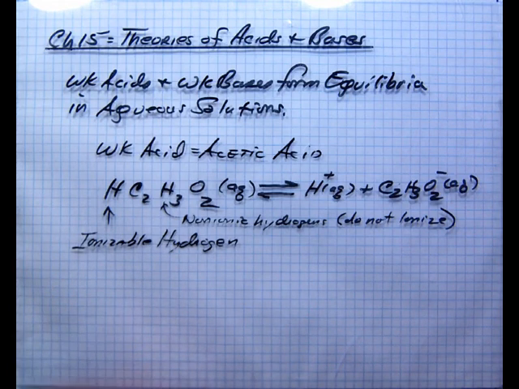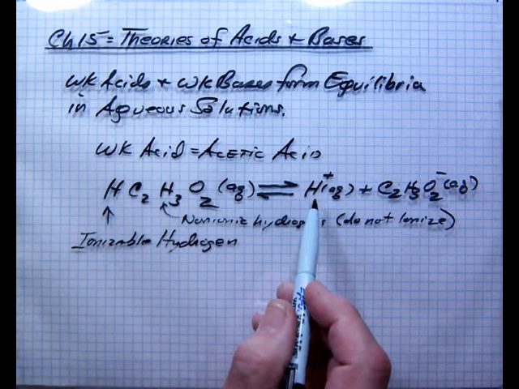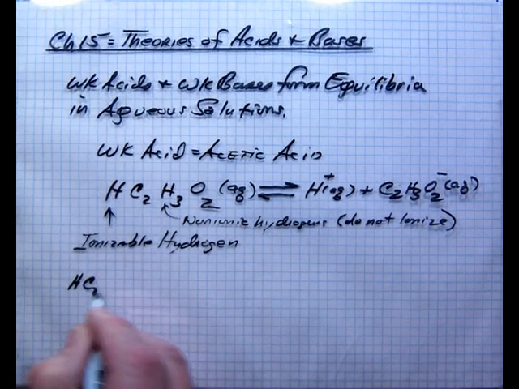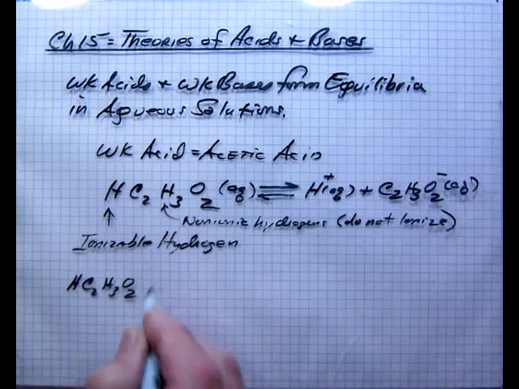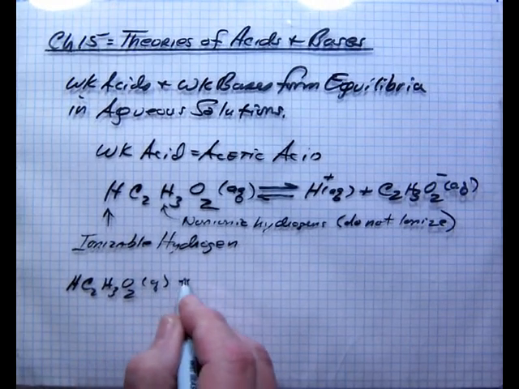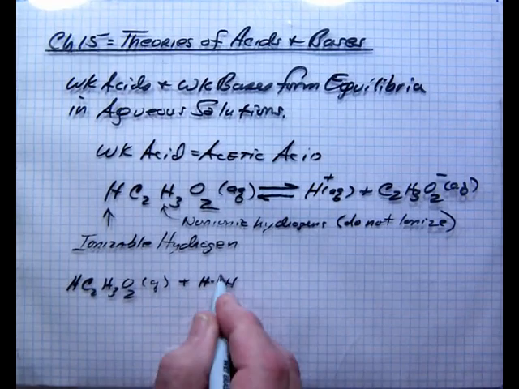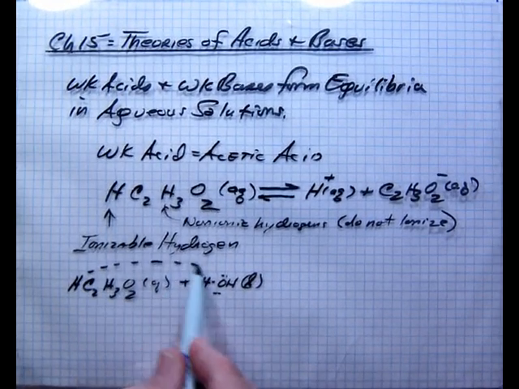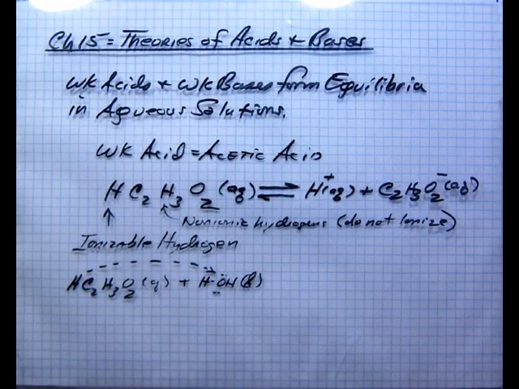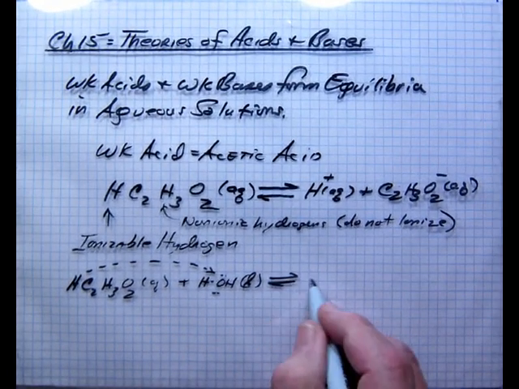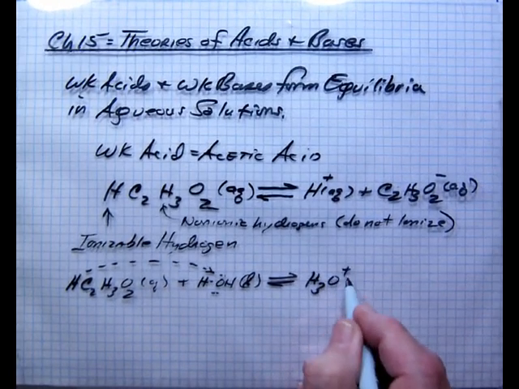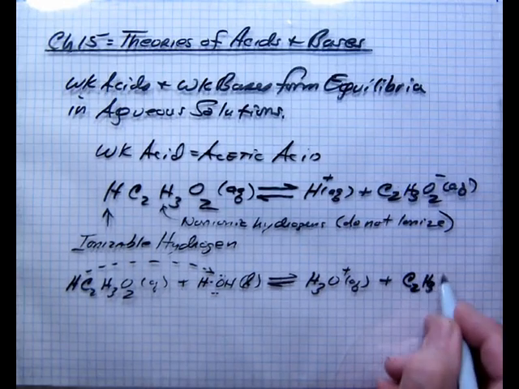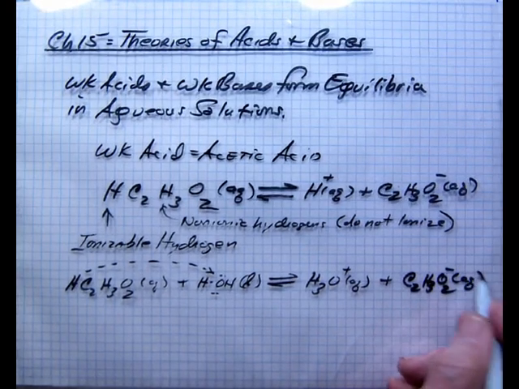Now, showing this in one or two forms, this simply shows the interaction and delivery of a proton. But in actuality, it's HC2H3O2 aqueous reacting with water, in which the proton is transferred over to the oxygen, as shown here, to deliver a hydronium ion, plus the acetate ion out here.